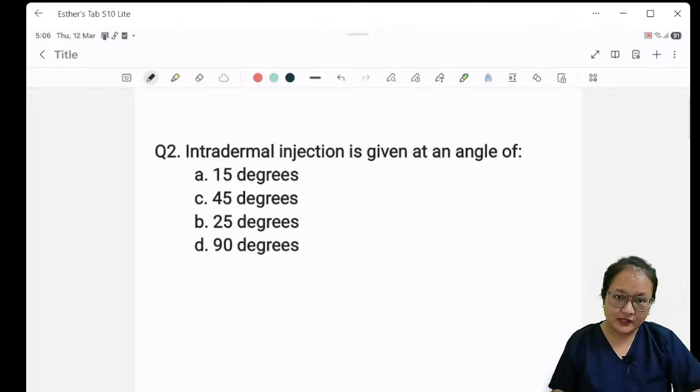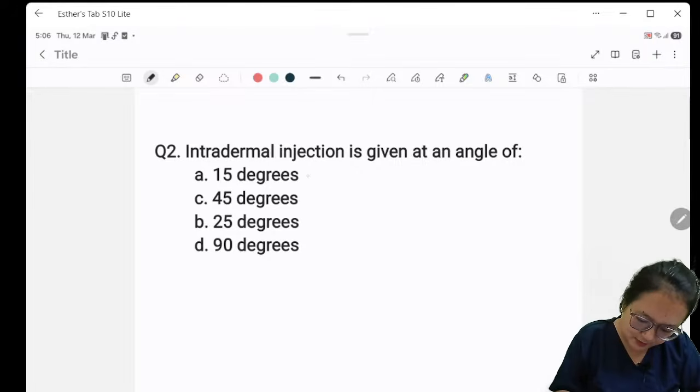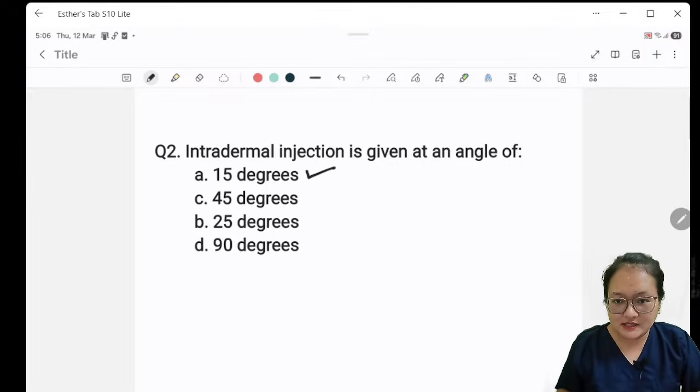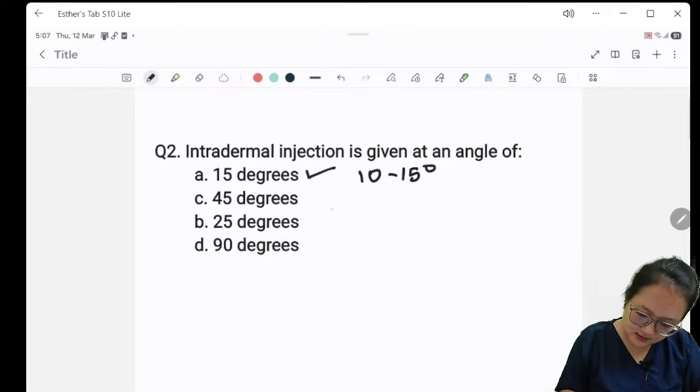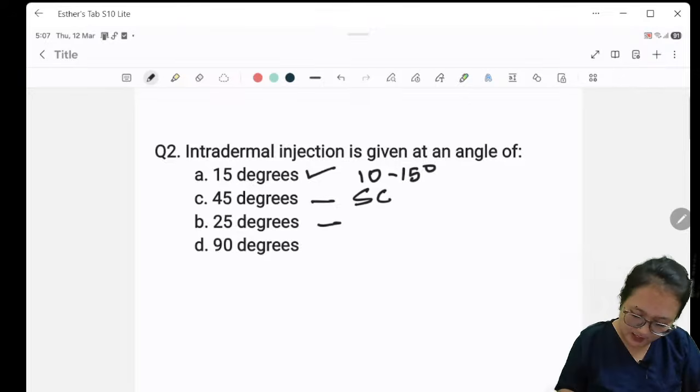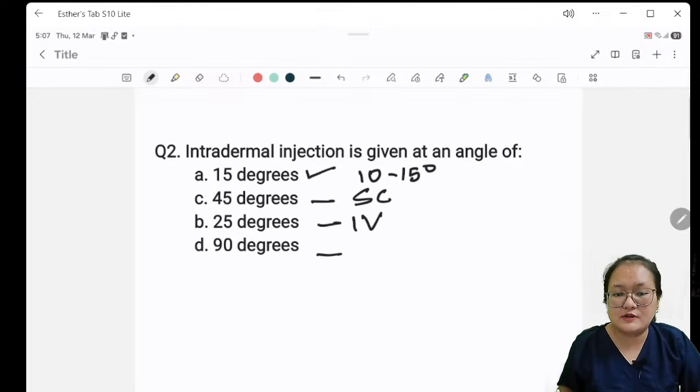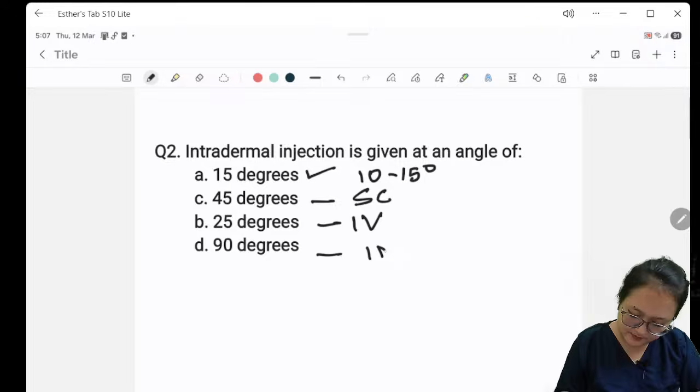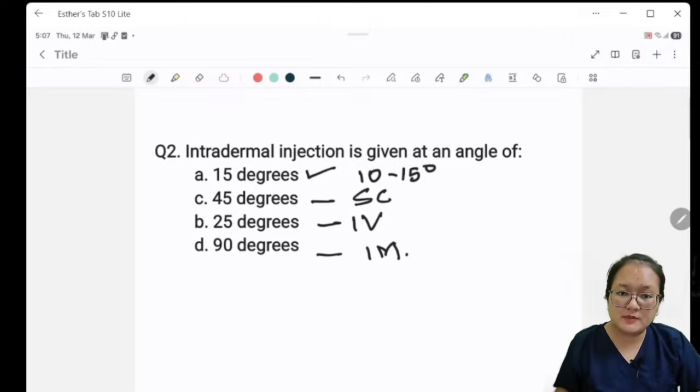Here the right answer is 15 degree. Intradermal injection can be given between 10 to 15 degree. Then 45 degree is for subcutaneous injection, 25 degree is for IV injection, and 90 degree is for IM injection. So intradermal injection is given at 15 degree.